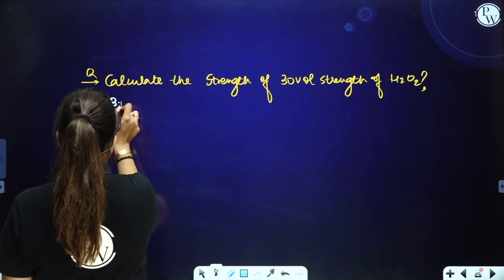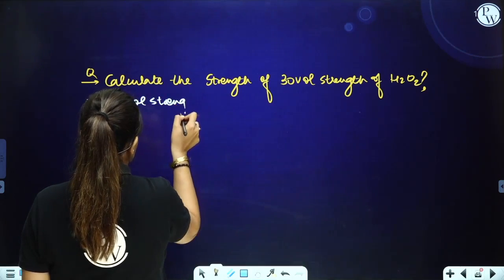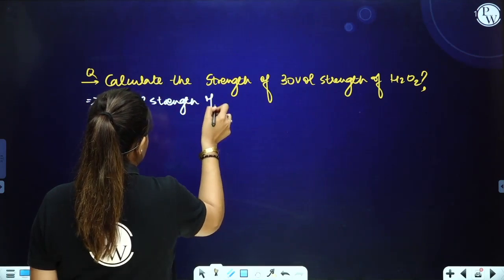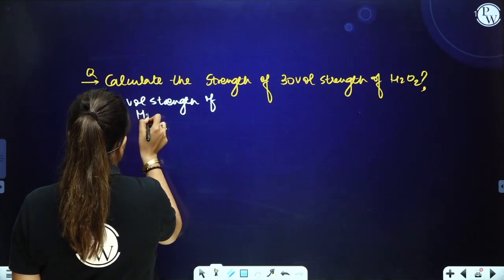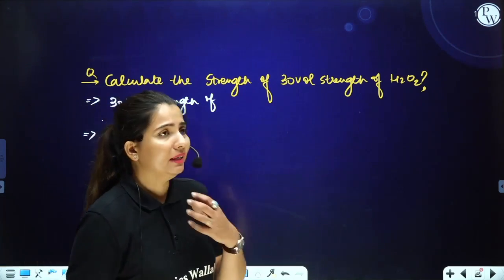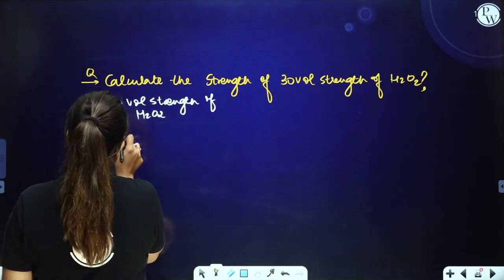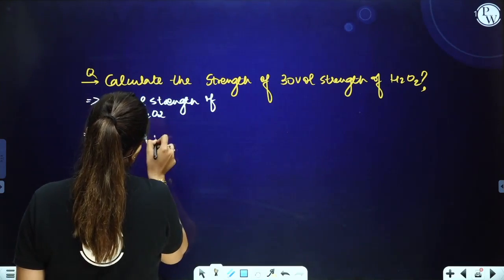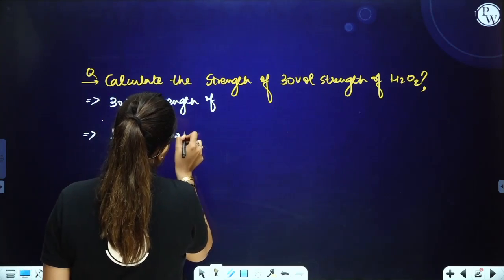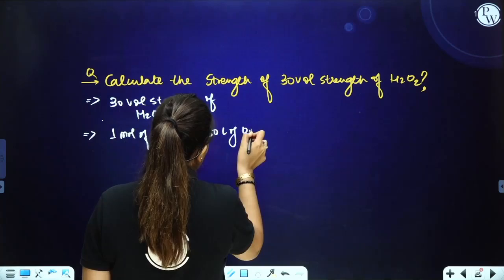First of all, whenever it is written 30 volume strength of H2O2, it signifies that 1 mole of H2O2 actually gives you 30 liter of O2.